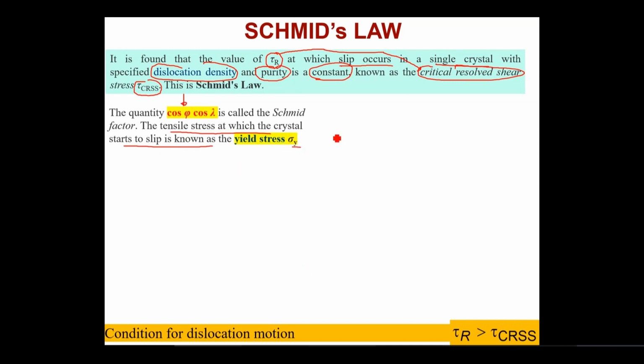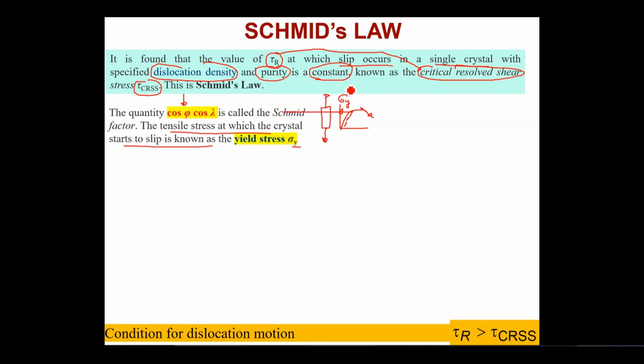So if you are doing a tensile test experiment and you're applying this tensile stress, you have a tensile stress-strain curve. There would be a value of yield stress.